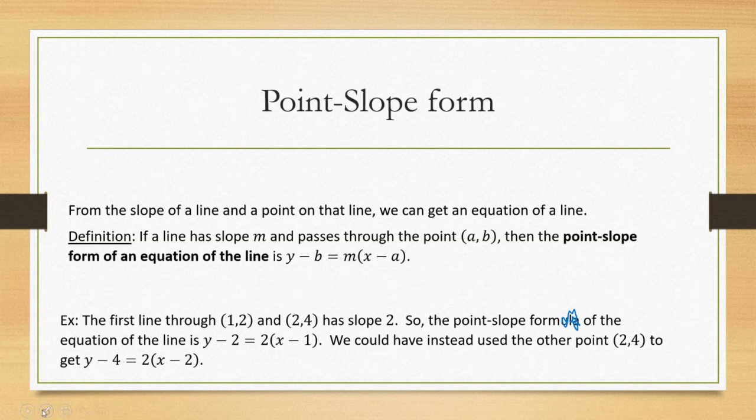We know the slope is 2, and we can really use either point. If we use 1, 2, we would have y minus 2, this is the y coordinate, equals the slope 2 times x minus 1. 1 is the x coordinate.